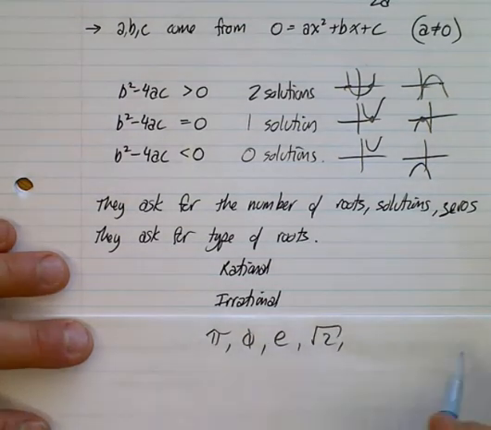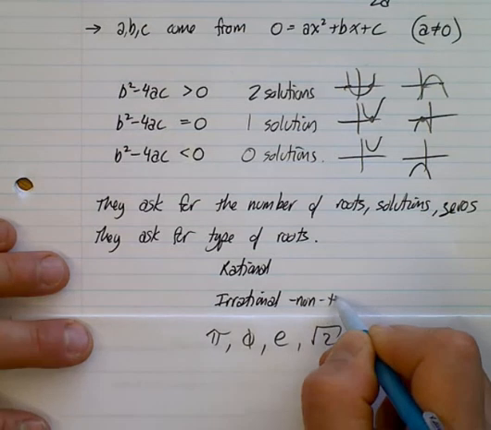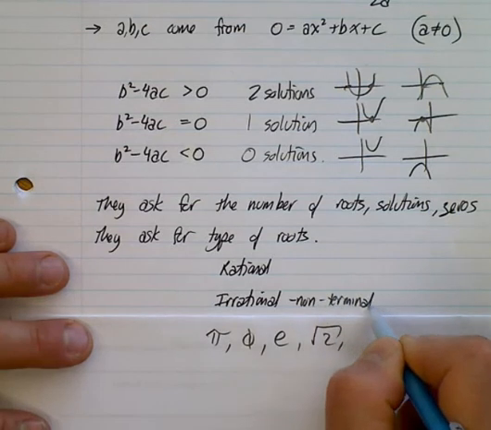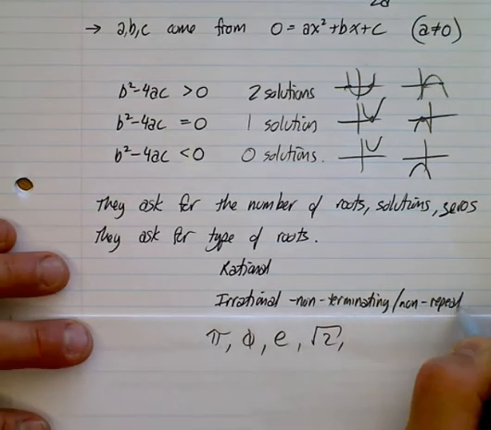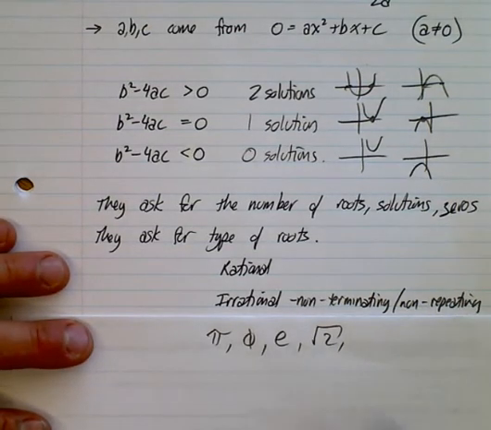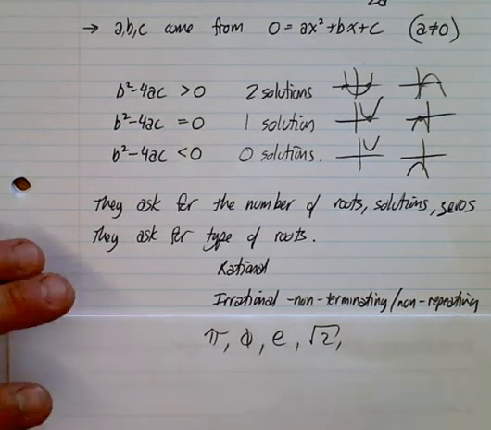These are all what we call irrational numbers because they are non-terminating and non-repeating. Okay, so we have to be able to identify an irrational number. Still, we did it in grade 8, I believe.